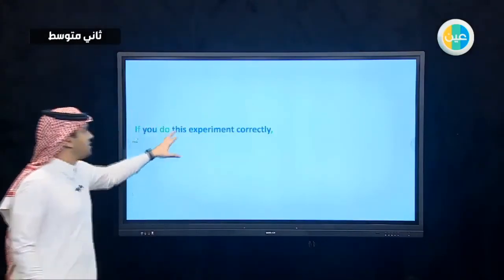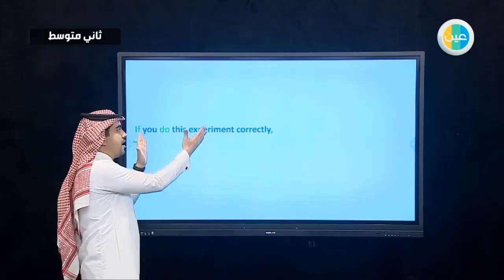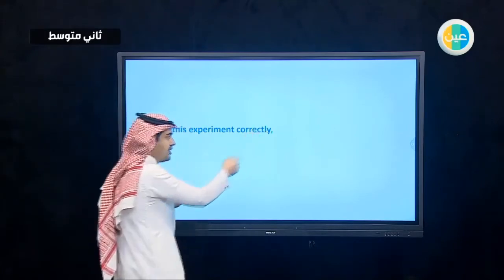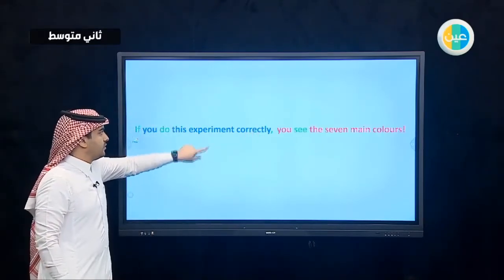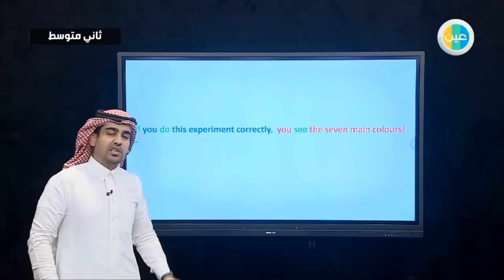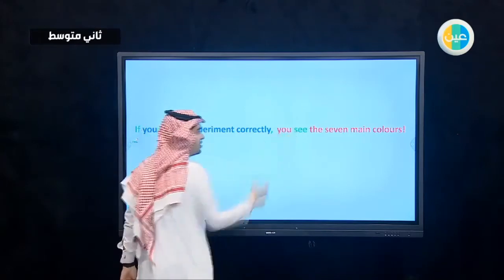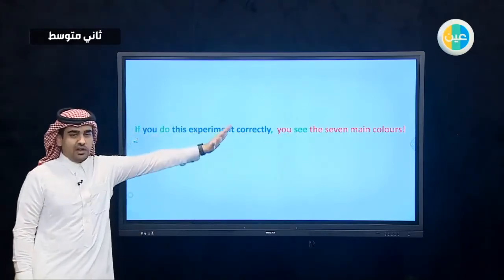If you do this experiment correctly، هذه الجملة طبعا تسمى if clause. جملة if. وهنا لدينا الفاصلة. ما الذي سيحدث أو ما الذي يحصل؟ You see the 7 main colors. سترى الألوان السبعة. So we have the present simple here. إذا قمت بالتجربة بالشكل الصحيح سترى الألوان السبعة.